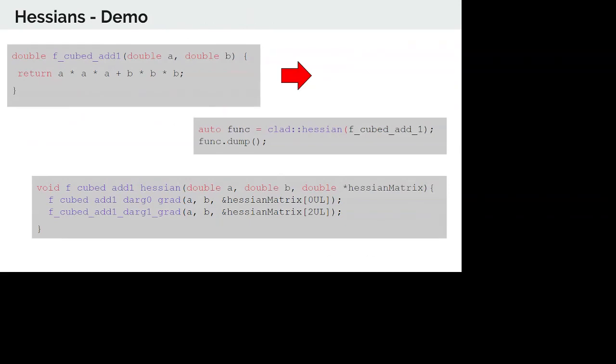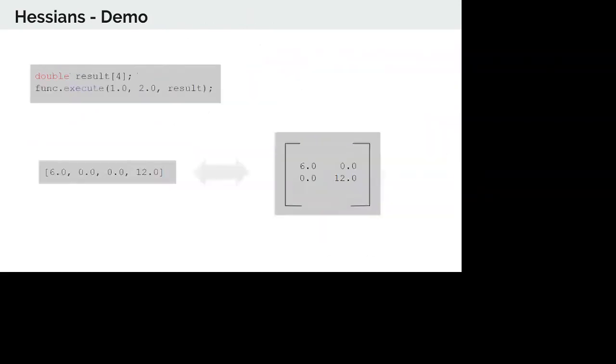To find the Hessian, you basically create an input array. You initialize an array for the Hessian to be stored in, and then you call execute on the function, inputting values for your independent variables, and you essentially get a 1D array.